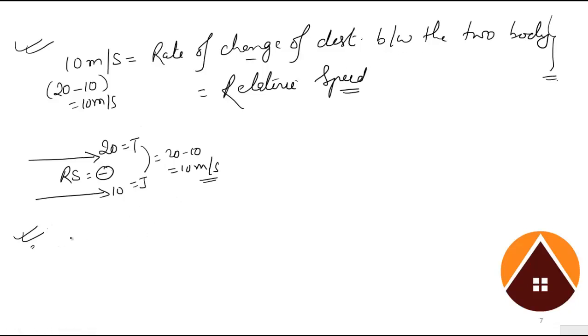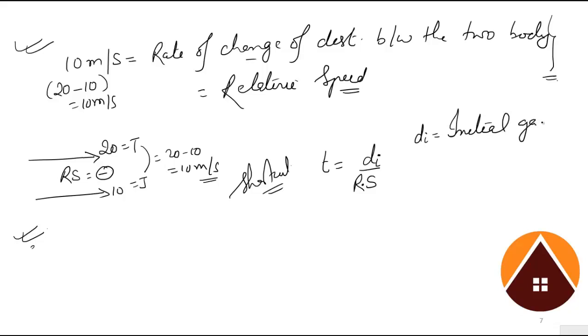However, before I take that example, by relative speed, how can I actually write? What will be my shortcut to get that answer, which is 6 seconds? So the time taken to meet by Tom and Jerry will be distance by speed. Time is distance by speed. But in this case, I will write the initial gap between the two divided by relative speed. So you can please write down, di is nothing but the initial gap, and rs here is relative speed.